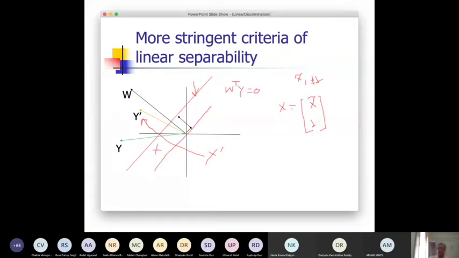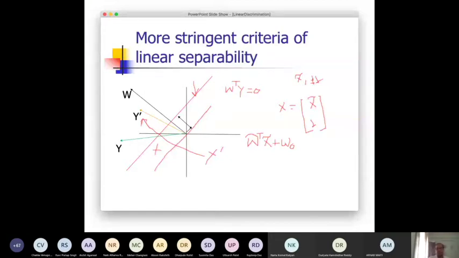So we can write the form of the linear function, which was something like W tilde transpose x tilde plus W naught. This was the linear functional form of the original data given to you.